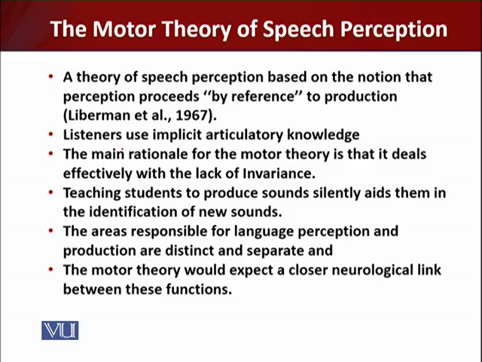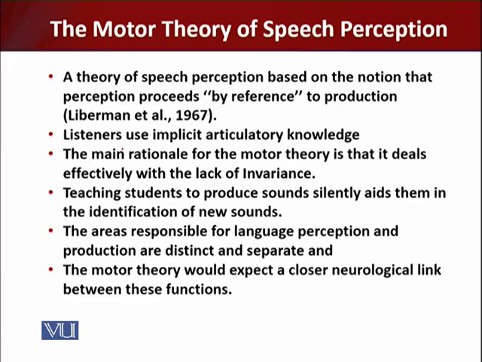The main rationale for the motor theory is that it deals effectively with the lack of invariance. Liberman and his colleagues argue that although the relationship between acoustic structure and perception is quite complex, sounds that are produced in similar ways, but with varying acoustic representations, are perceived in similar ways.